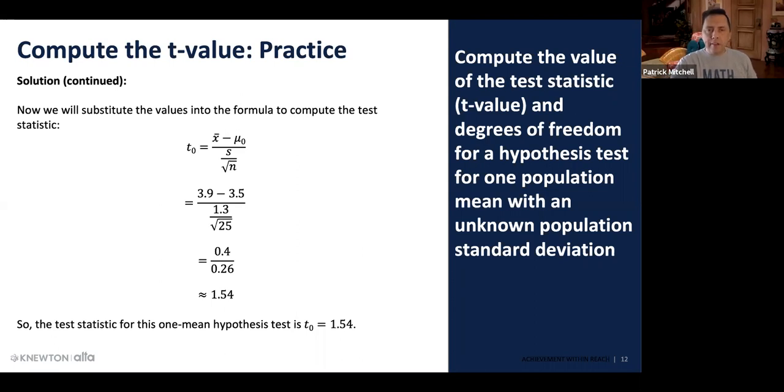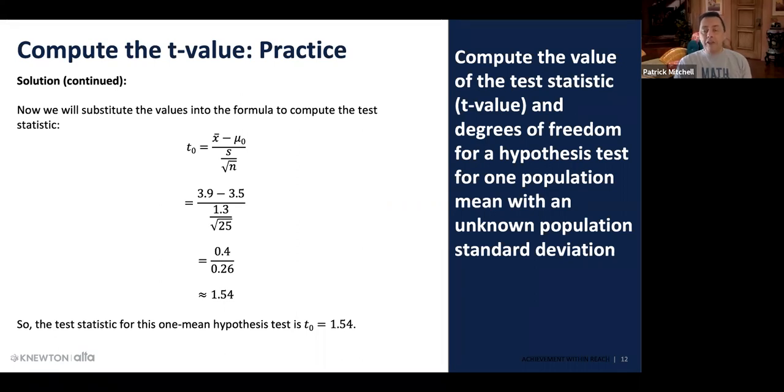Try to plug this into your calculator. Make sure that you get the same value that they did, which I just checked is correct. Okay. Comes out to 0.4 divided by 0.26, which is about 1.54. So the test statistic for this one mean hypothesis test is T0 equals 1.54.